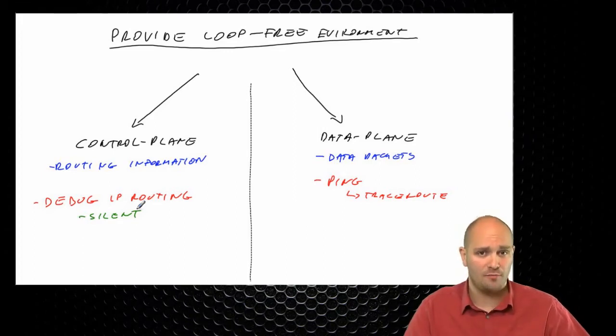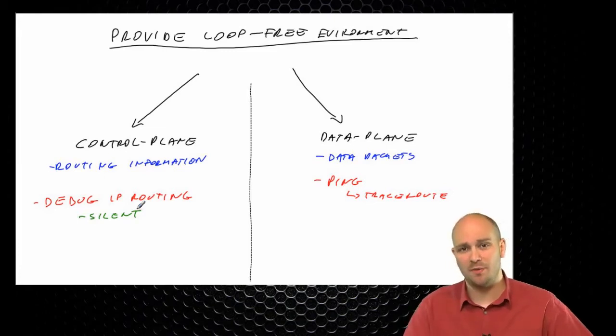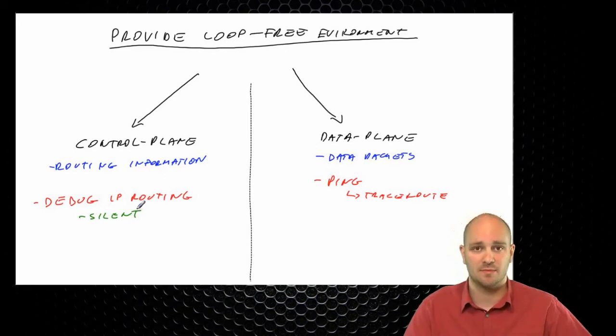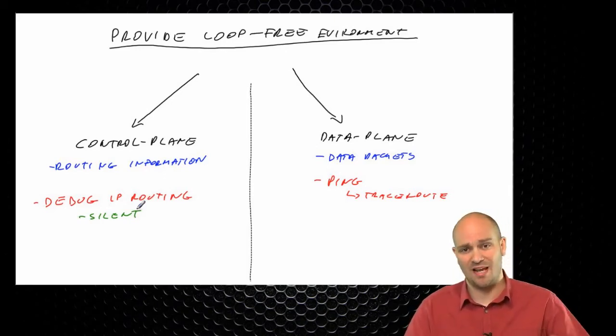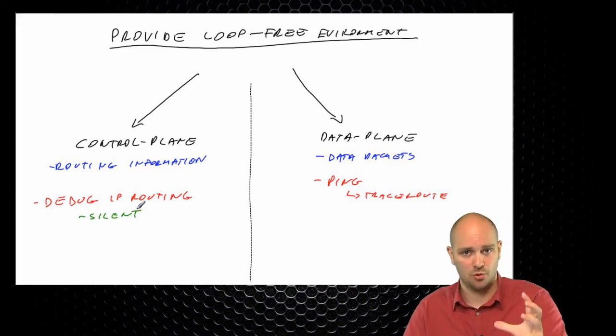Or if you have a BGP session that is coming up, you might see some hits on the routing table that are actually going to be seen by the debug IP routing, because when an external BGP session comes up, the neighbors need to verify if they are directly connected. When that happens, there is actually going to be a lookup in the routing table that debug IP routing will produce output for.